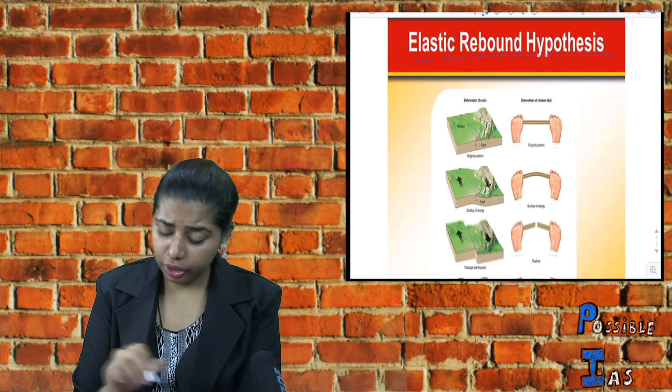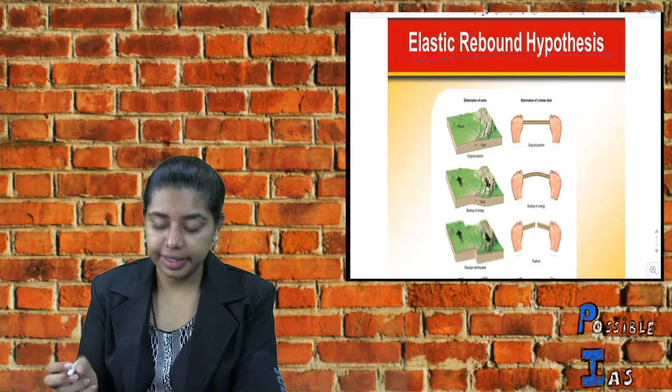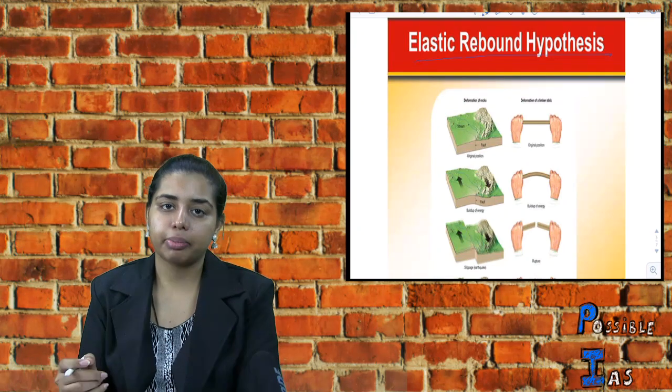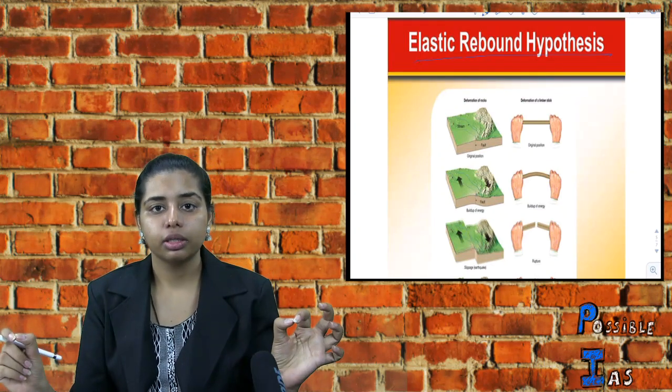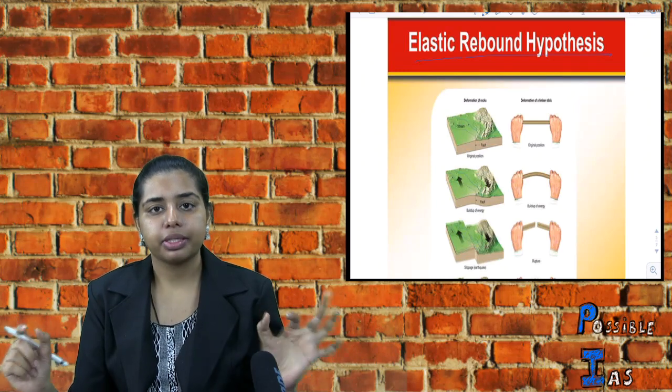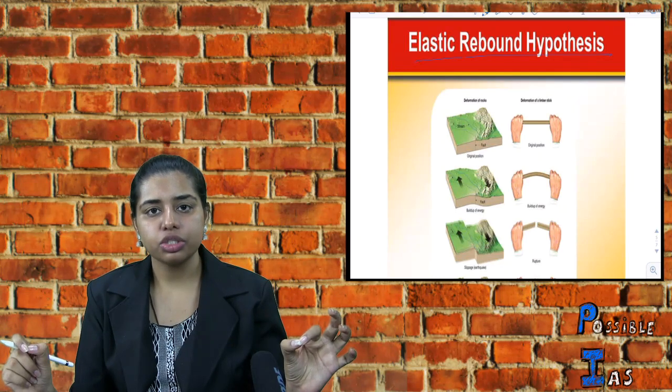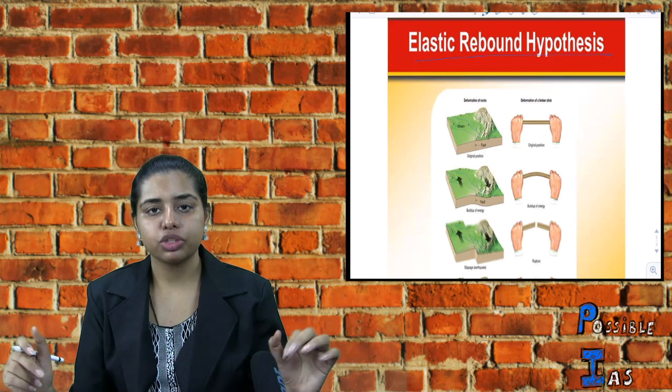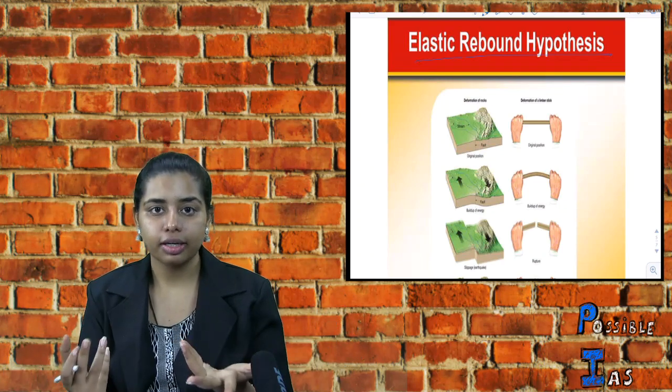According to it, rocks behave in an elastic manner. Like if you pull a rubber band, elastic energy is stored in it. When you leave it, it jumps, and the elastic energy is released.